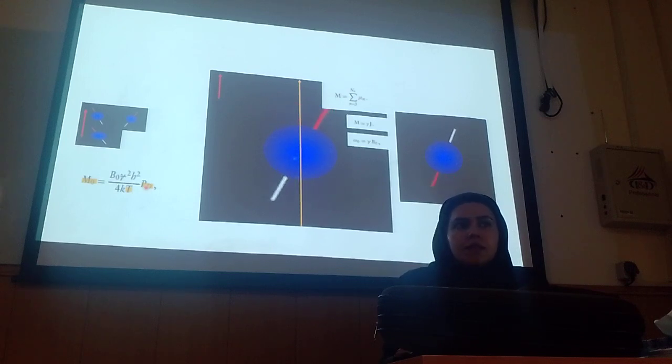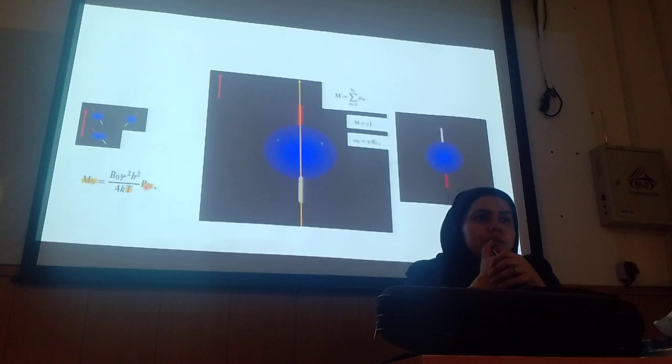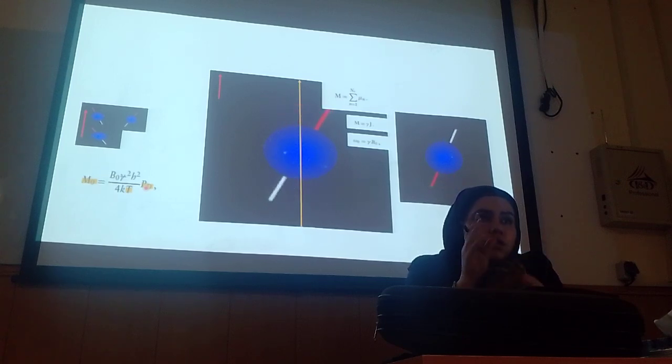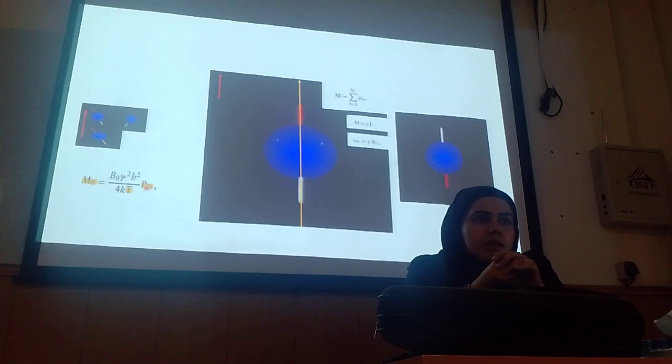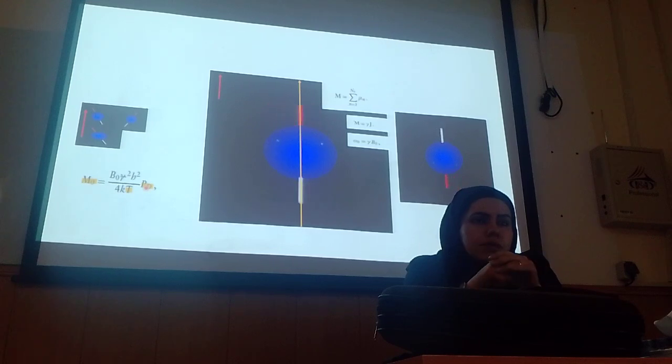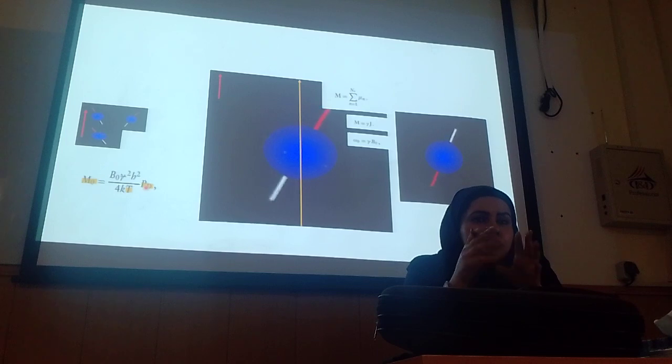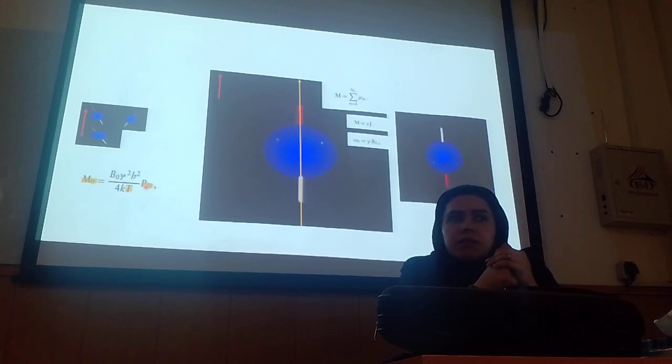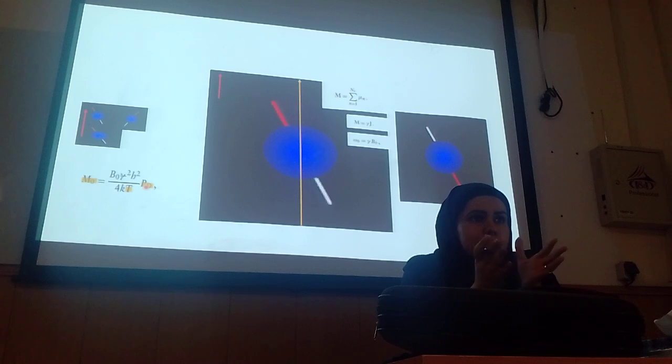Okay? We were just considering the hydrogen atom. Different tissues within our body may have different proton density. Hydrogen is not uniformly distributed within our body. Based on the type of tissue, we have different distributions of hydrogen. For example, in solid tissues, we have dense hydrogen.